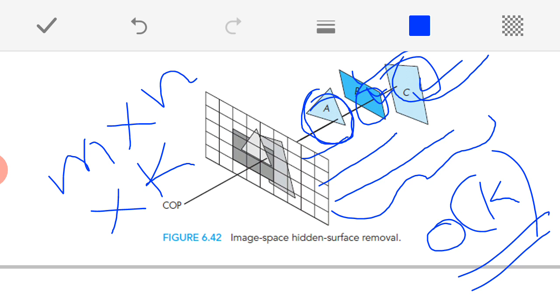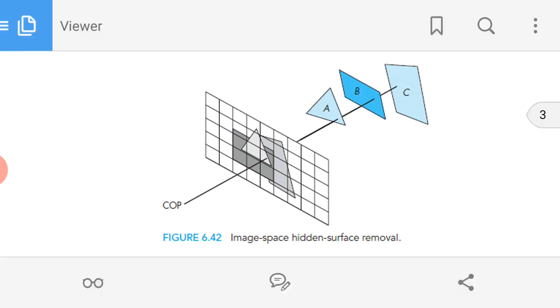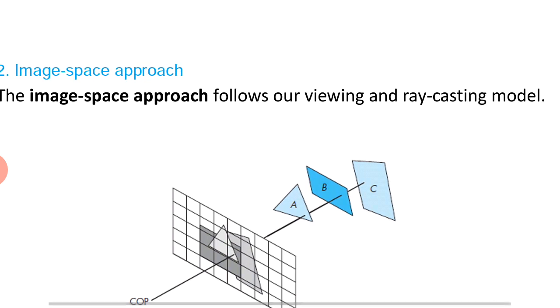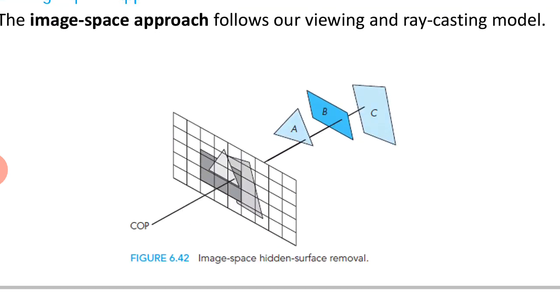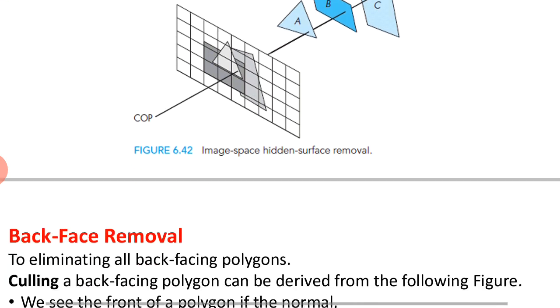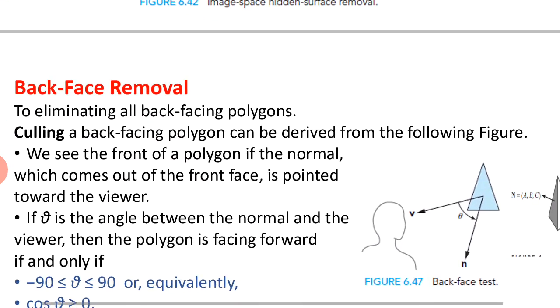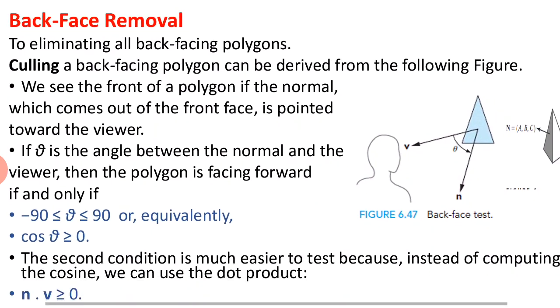So, this is the image space approach, which works based on the ray casting model, where the depth information of the individual pixel point is compared with the rest of the objects. I hope we have understood the difference between object space and image space.